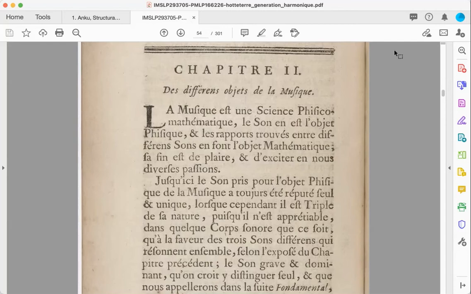So Rameau, in trying to find a physical basis for his theories, is really acting in the manner of Descartes. You might be familiar with Descartes' Discourse on Method or Meditations on First Philosophy, where he basically rejects all received wisdom, all handed down knowledge, and decides to fashion his intellectual system from first principles.